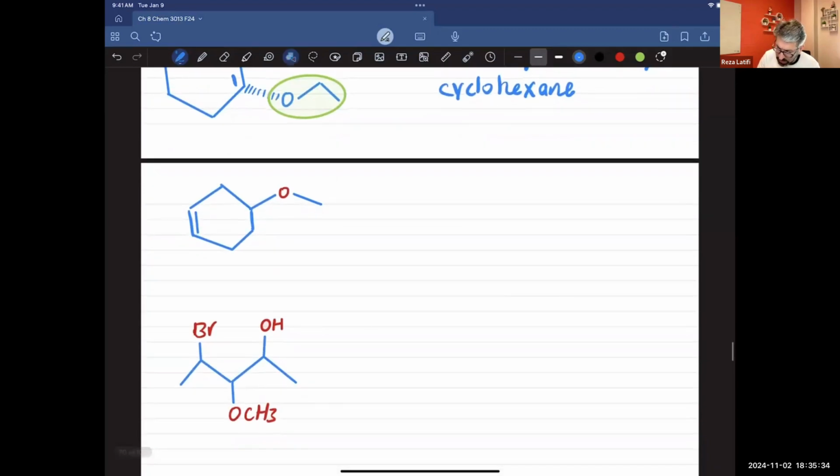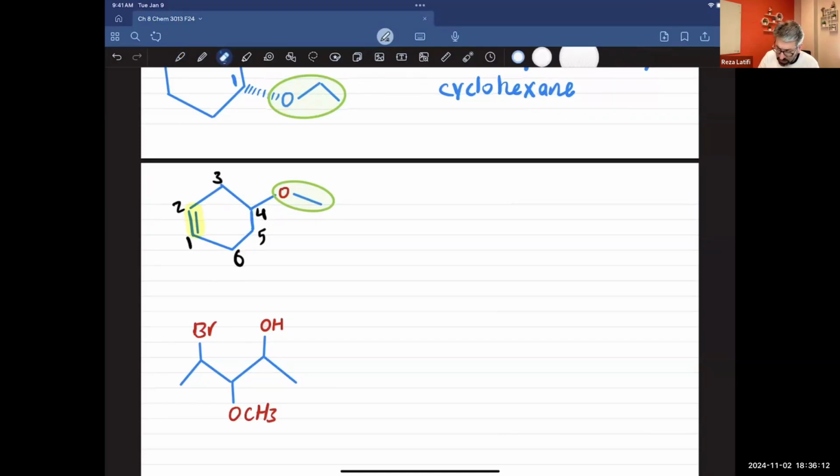Okay, next one. We have a substituent here, that's a methoxy, and we have a functional group, which is going to be a double bond, and the priority is going to go to the double bond. So let's label it. I say 1, 2, 3, 4, 5, 6. The way you label it, you should give the double bond the smallest possible number, and you have to cross the double bond, both carbons.